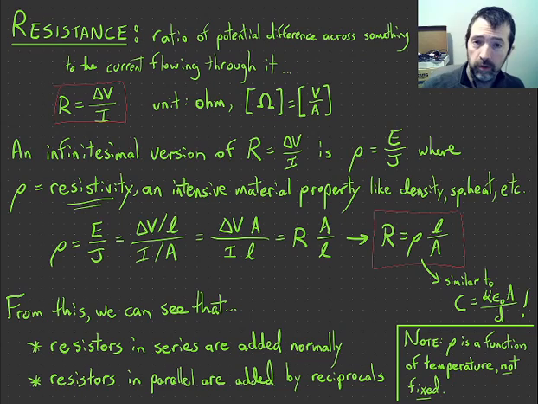And from the formula, you can see it's like volts per amp. So it tells you how many volts you need to get 1 amp. How many volts for each amp of current that you get. The SI unit for this is called the ohm. The symbol is a capital omega. And as you can see from the formula, that is a volt per amp.